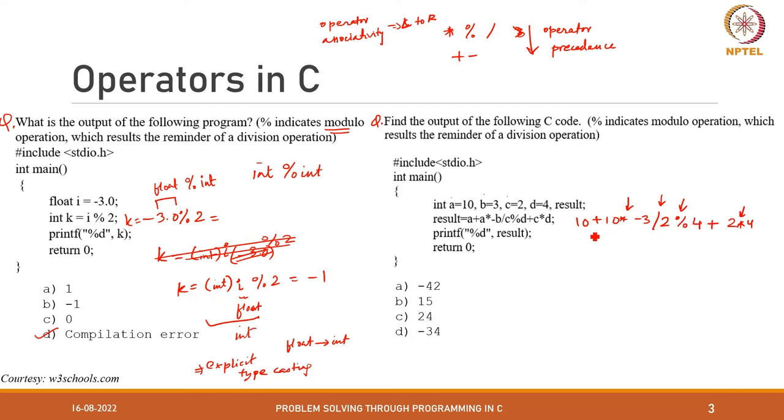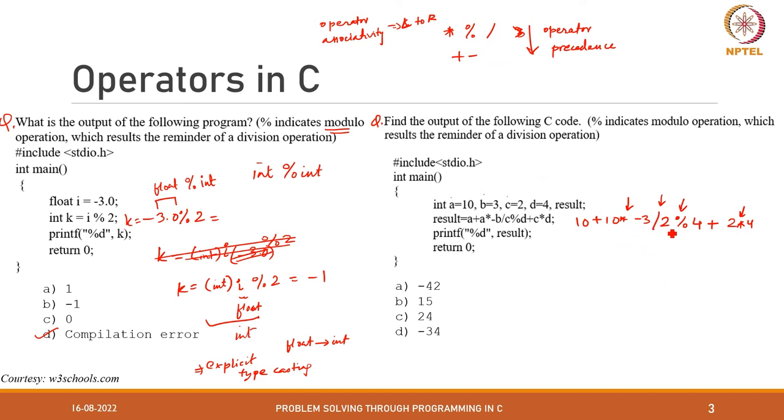Okay, so now if we do these operations first, 15 is the answer here. We have the same operations here, which have the same precedence: this multiplication, modulo and division operations.